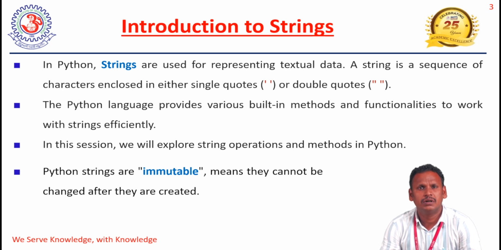Python provides different built-in functions and functionalities to work with strings. One more point you have to remember: strings are immutable. Once you create the string, you cannot modify its contents. Either you can delete the string or you can create a new string. That is the meaning of immutable.